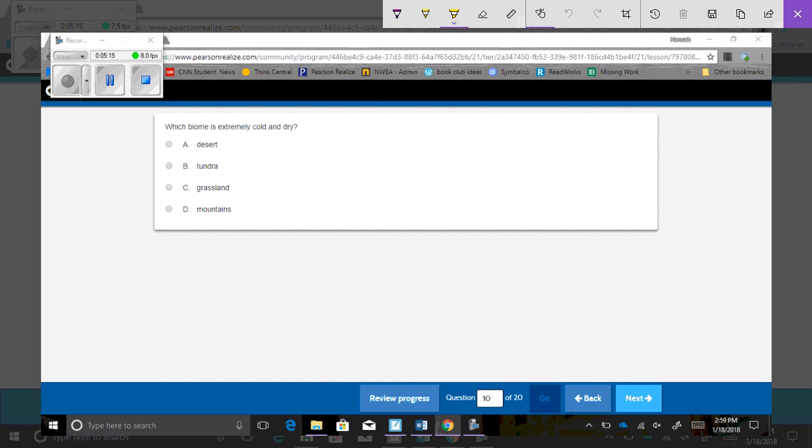Question number 10. Which biome is extremely cold and dry? A, desert, B, tundra, C, grassland, D, mountains.